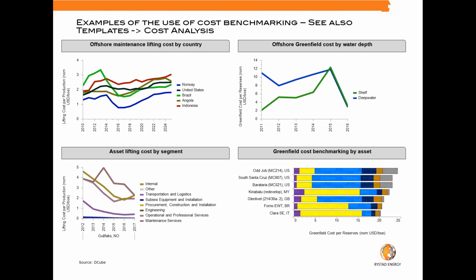In down the right corner, you see greenfield cost benchmarking by asset. So here we can benchmark different assets against each other, see which segments drive the greenfield cost, and compare different assets of interest.